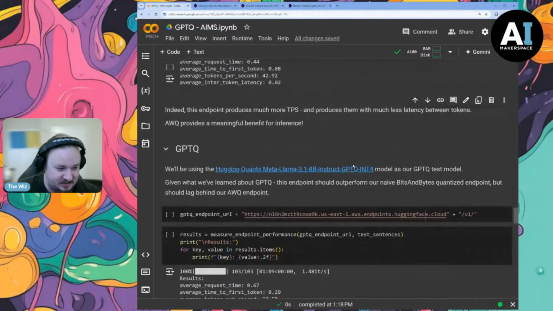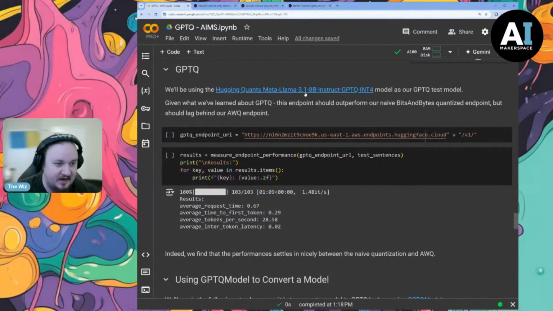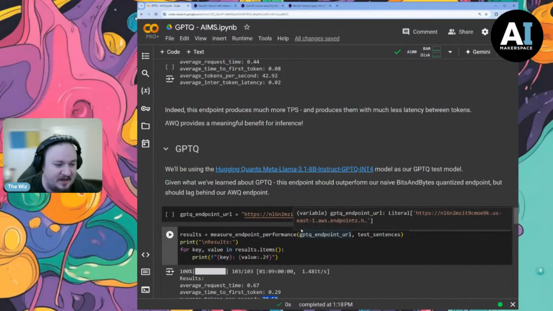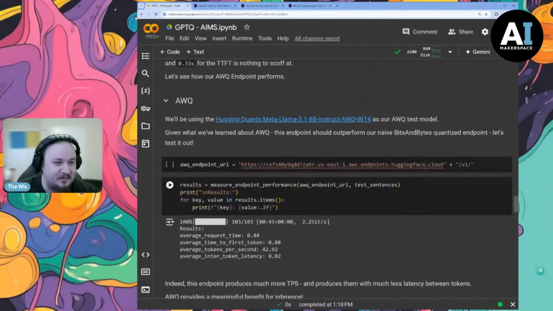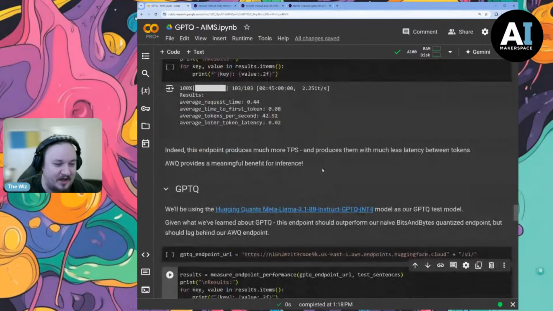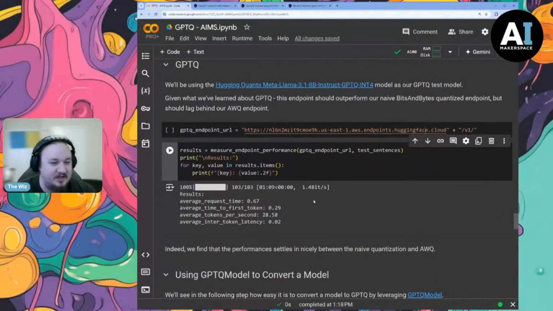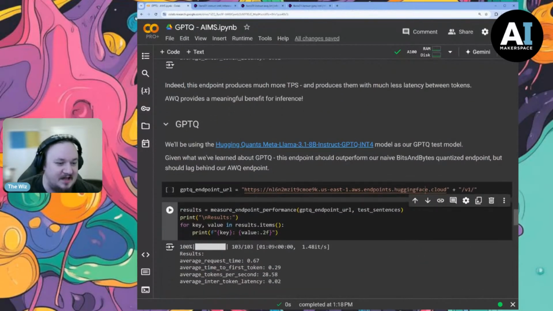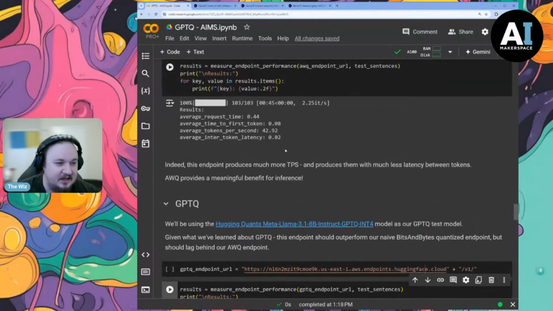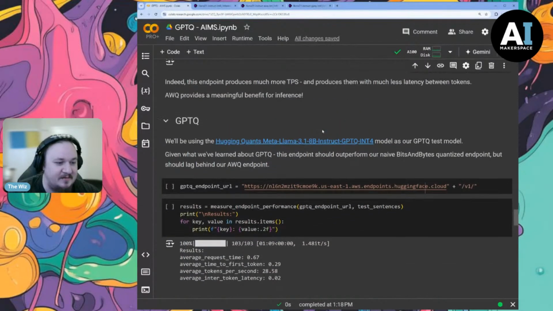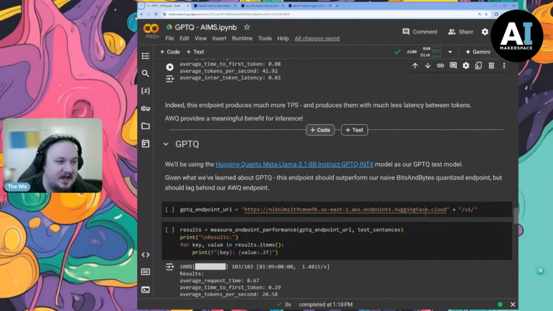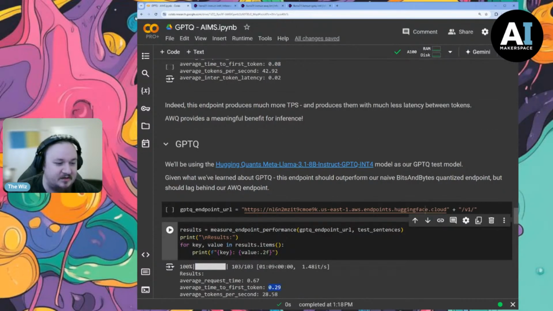Let's see about GPTQ. Same thing, Hugging Quants. You'll notice that 28.58 is less than 42.92, but it's quite a bit bigger than 12, right? So it's kind of fitting comfortably in the middle here. You'll also notice that the inter-token latency of these two methods is actually the same. So we have the same inter-token latency, and then we have the time to first token, which is massively increased compared to our AWQ.